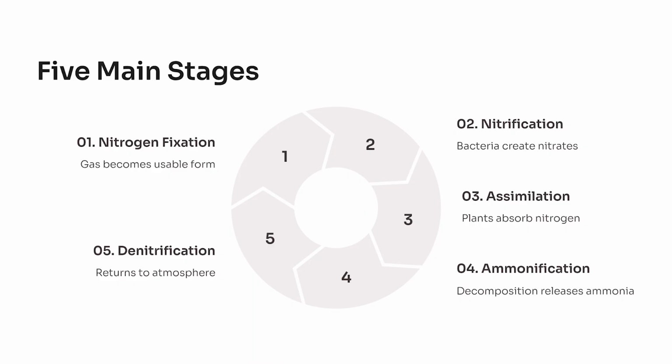Stage 3 is assimilation. Plants absorb the nitrates from the soil through their roots and use them to make proteins and grow. Animals then get this nitrogen when they eat the plant. Stage 4 is ammonification.